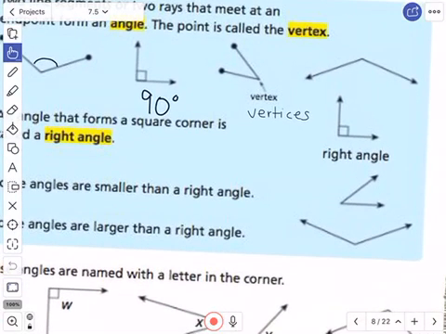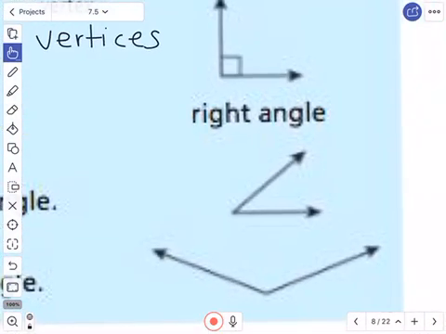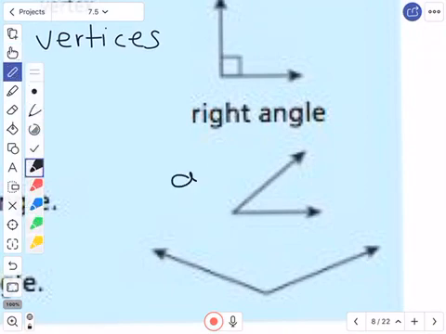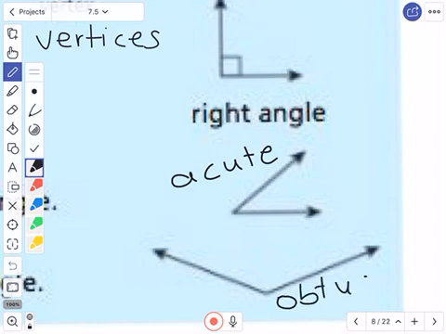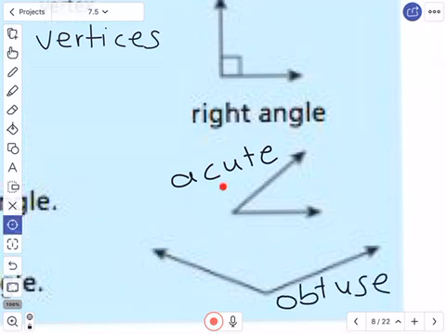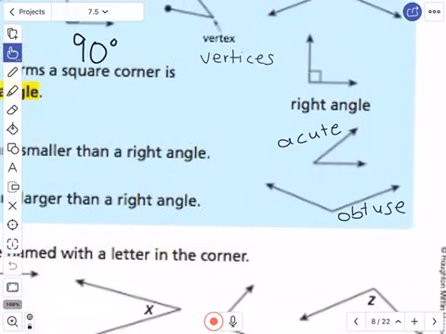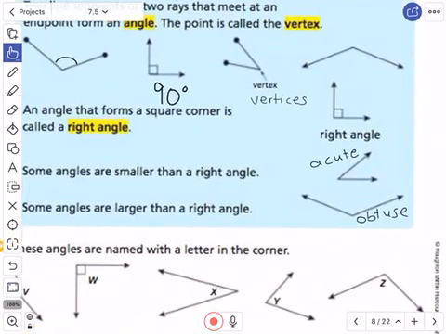Then we talked about how some angles are smaller than 90. Remember, acute, a cute little angle, or you can have an obtuse angle. Acute, smaller than 90, obtuse, larger than 90. It says in your page, some angles are smaller than a right angle, some angles are larger than a right angle. Acute for small, obtuse for big.